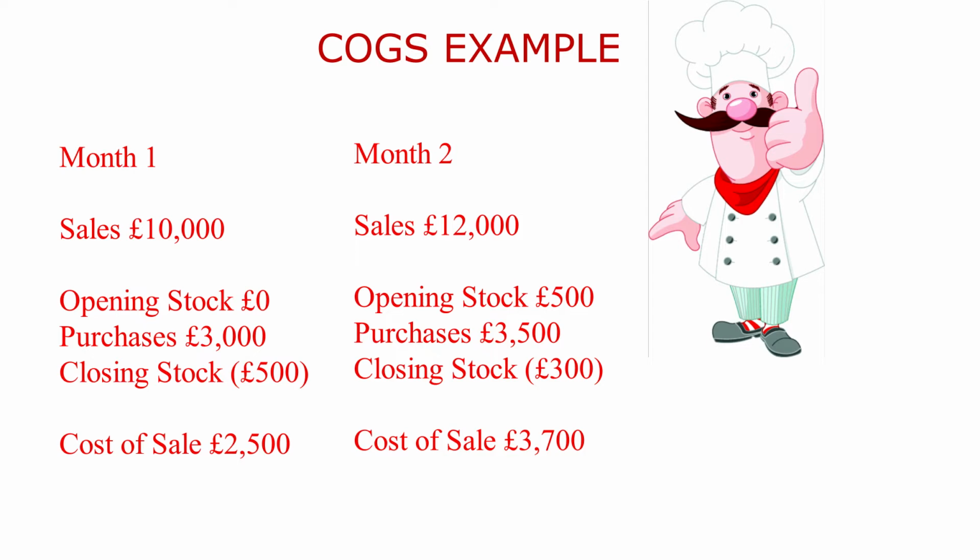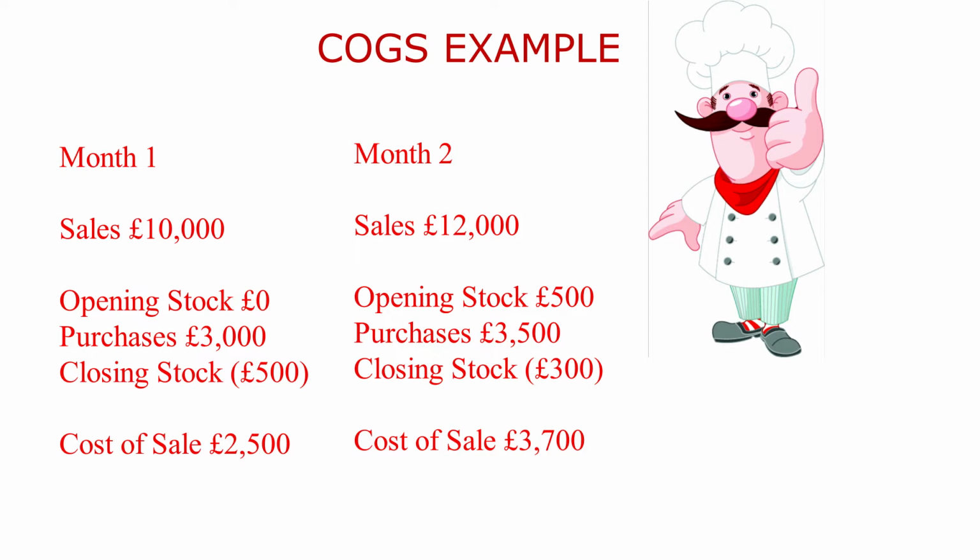And how you do that is by taking your opening stock, adding your purchases on, and removing your closing stock. Why? Because again, your closing stock is not an expense to the business because you still have it on hand. You have not sold it to generate part of that £12,000 of revenue.